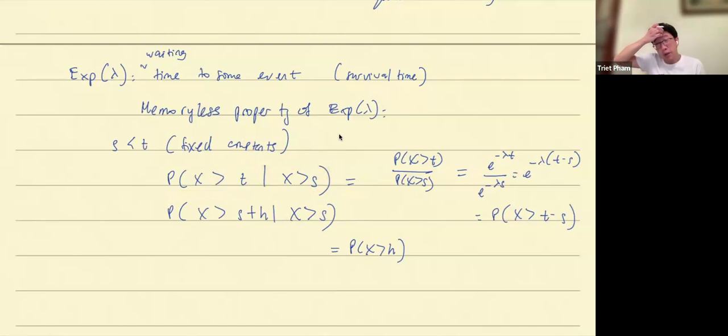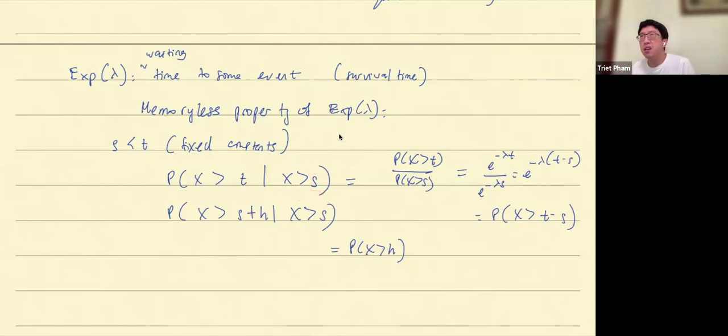If it's truly an exponential, or you use an exponential model, you're implying that the laptop having survived so far doesn't matter. It's just going to be as if it is fresh, and you're just going to go through the remaining time as before. I mean, as if it has not survived, right?